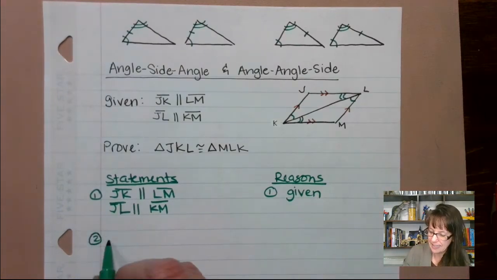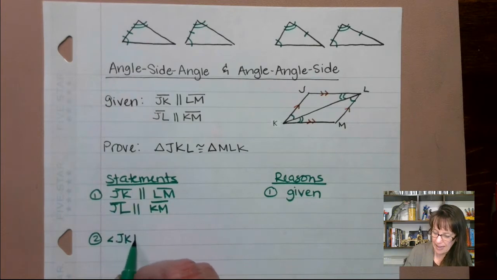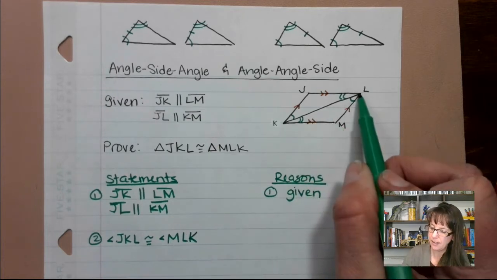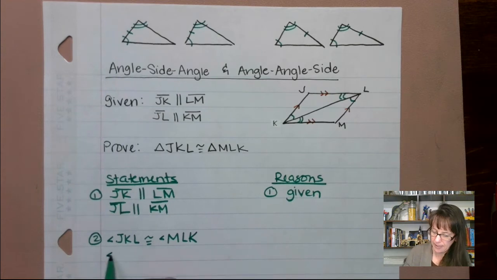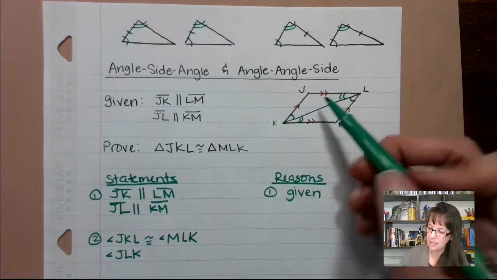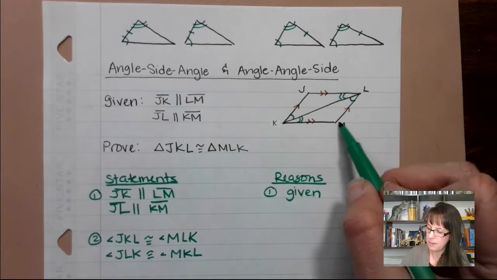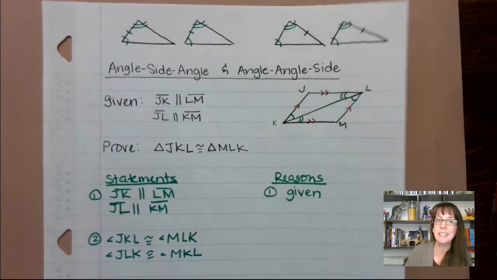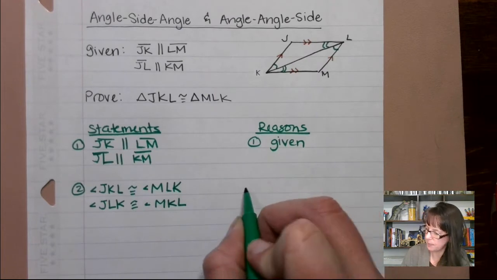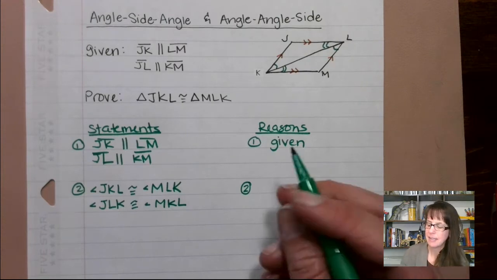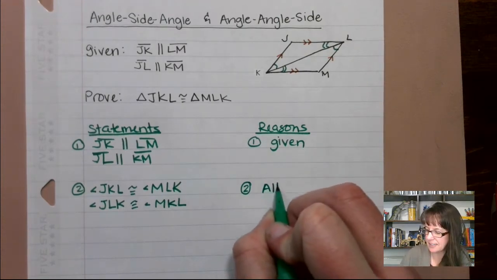So what I can say is angle JKL is congruent to MLK, and JLK is congruent to angle MKL, because alternate interior angles: if two parallel lines are cut by a transversal, then the alternate interior angles are congruent.